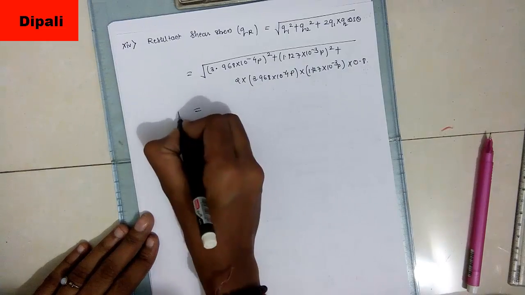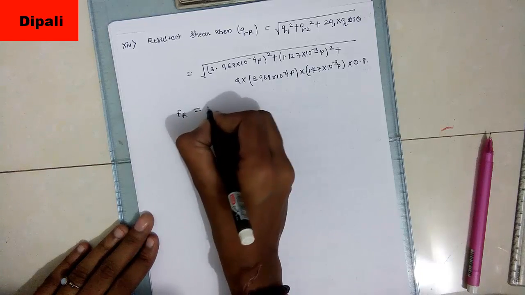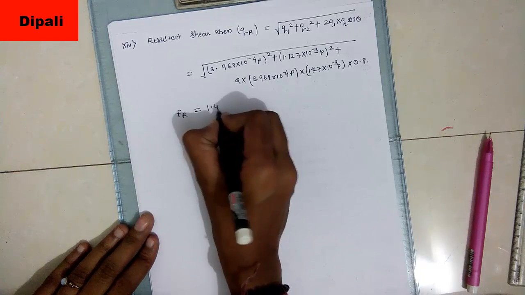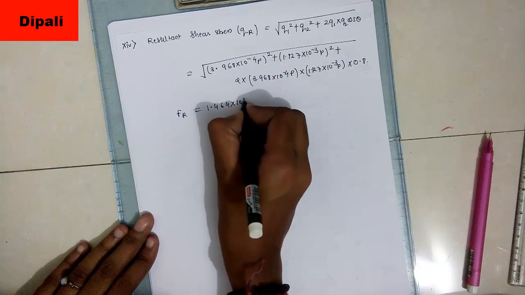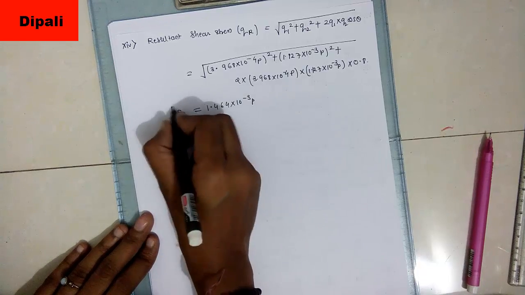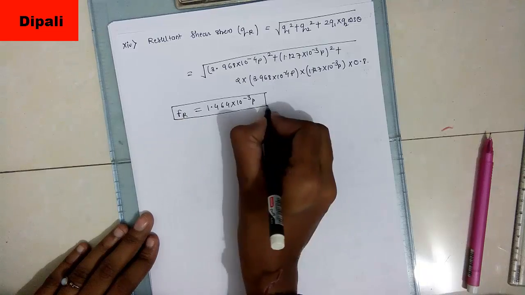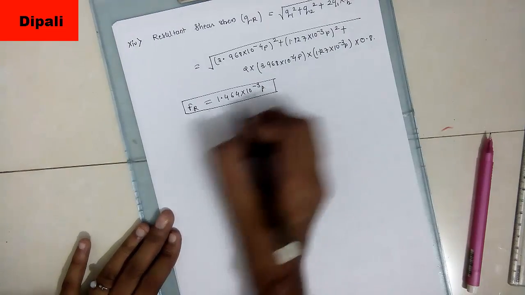So after that the resultant shear stress qr equals to 1.464 into 10 to the power minus 3 P. The resultant stress is also in P.